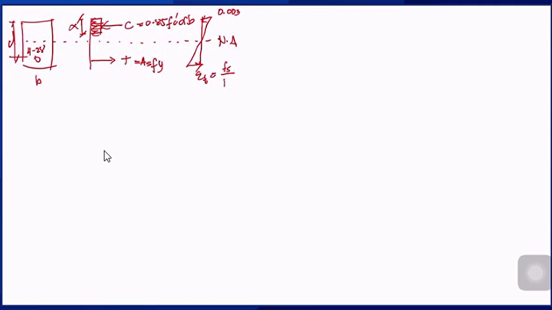And this is the value of your C from the extreme fiber up to the NA. So what else? So this is your stress block and your strain diagram.